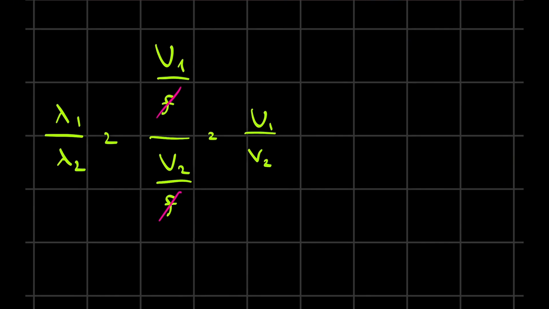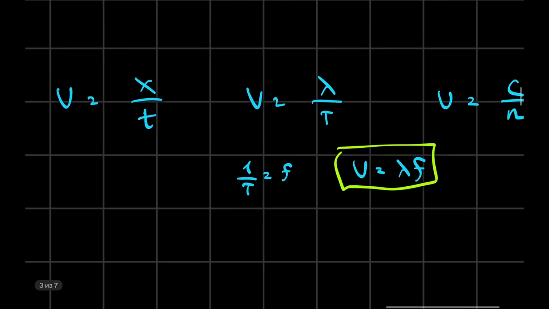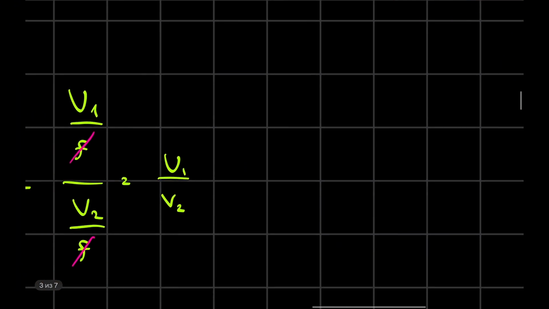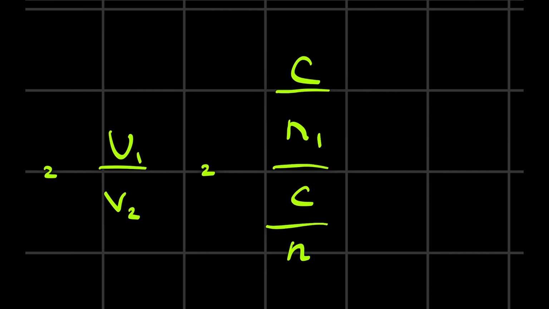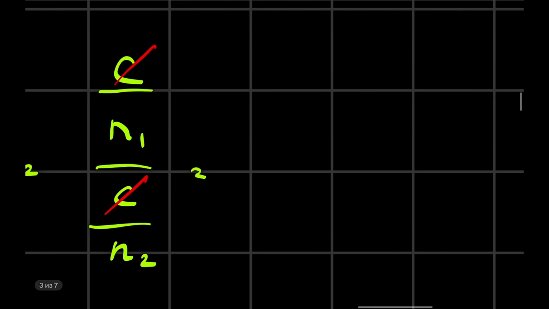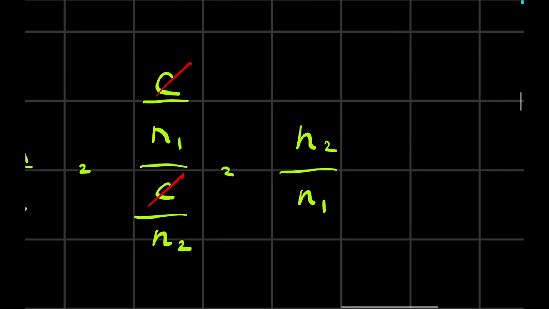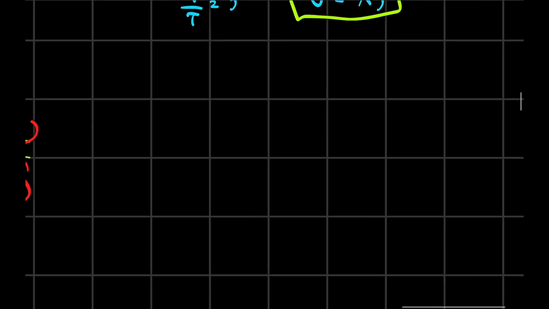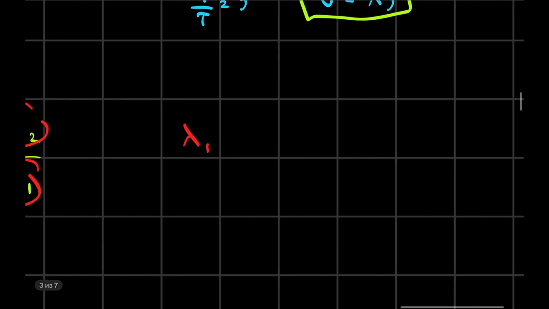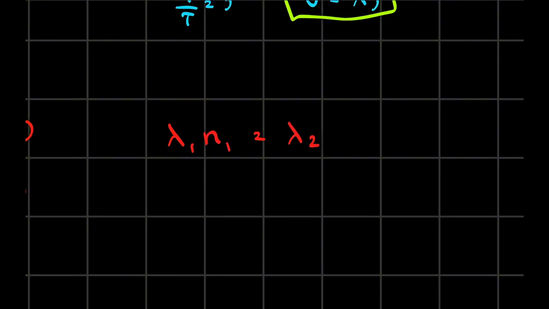This is pretty good. You can apply another rule, which is c divided by n, the index of refraction. So v is going to be c over n1, c over n2, where c is constant. You can see that this constant just cancels out, and you'll have n2 goes up, n1 goes down. You can just make a cross. This thing goes here, and this thing goes here. And you will have lambda 1 n1 equals lambda 2 n2.